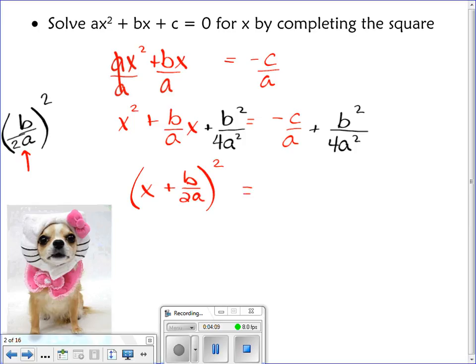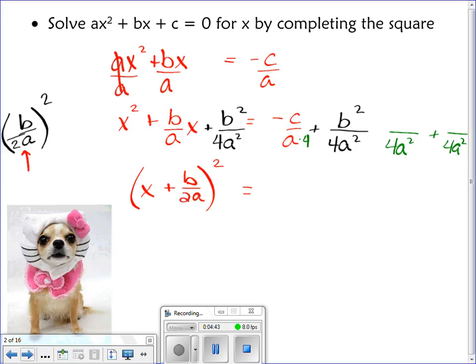Now, here's where I typically lose students because their fraction skills aren't the best. When you add and subtract fractions together, what must you have? Common denominators. So in order to put these two things together, I'm going to rewrite them over here. What would the common denominator be? 4a squared. I can't make them smaller, but I can make them bigger. So how do I make this a 4a squared? What do you multiply it by?